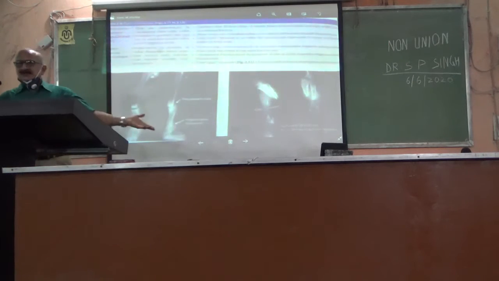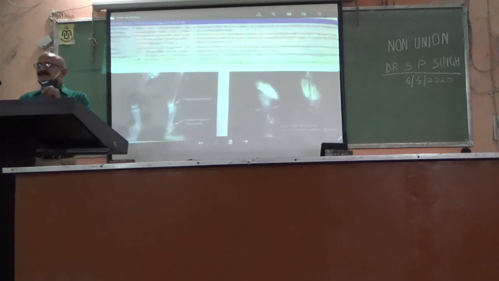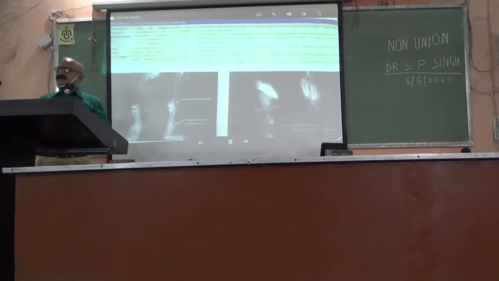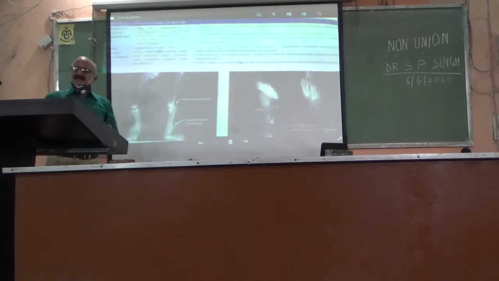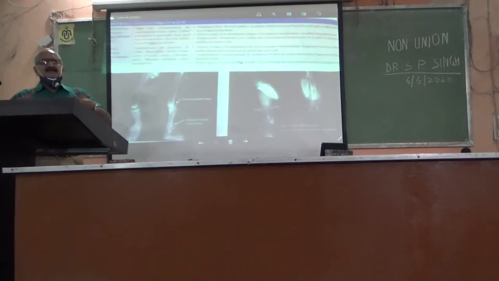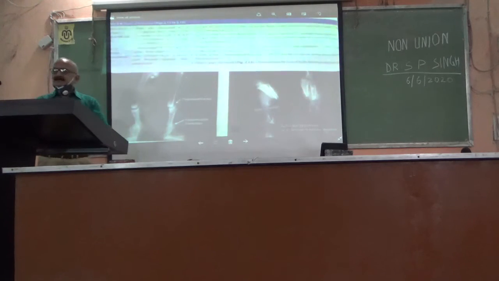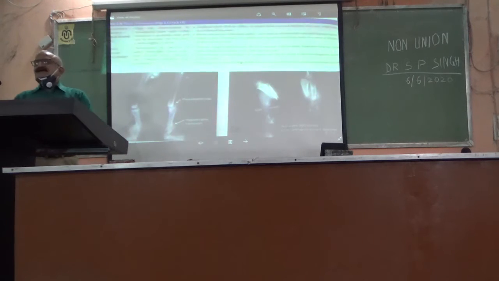And this atrophic non-union has been assigned to being because of biological factors. The fracture arena was not being supplied by enough blood vessels. There was drainage of fracture hematoma.